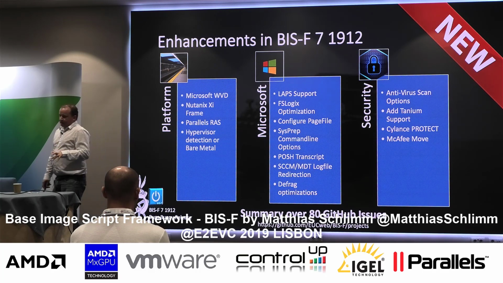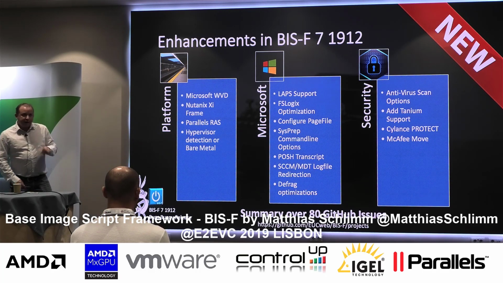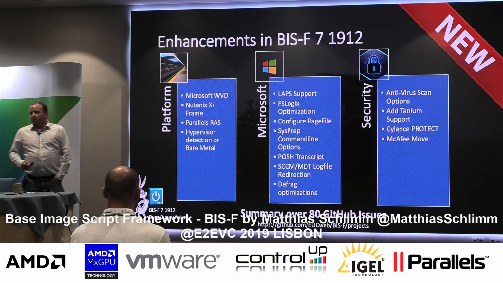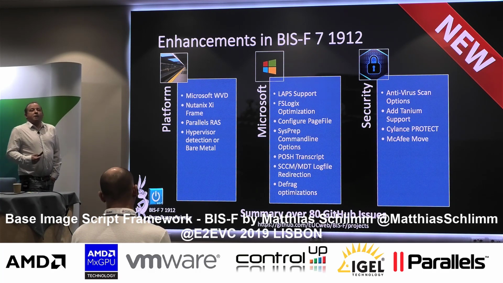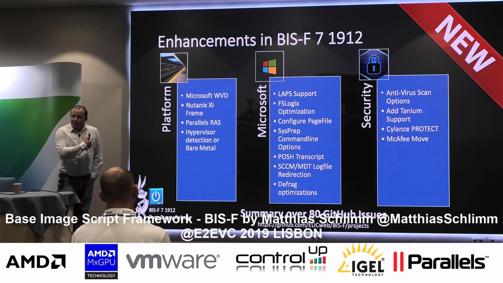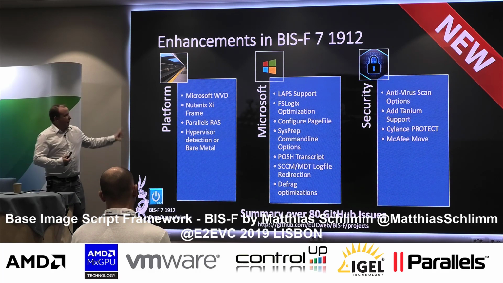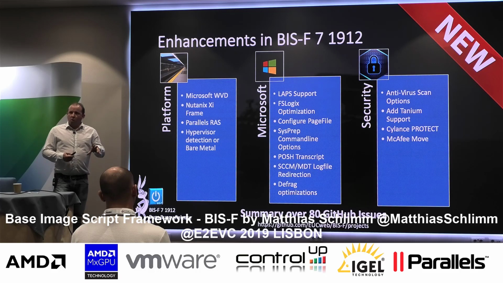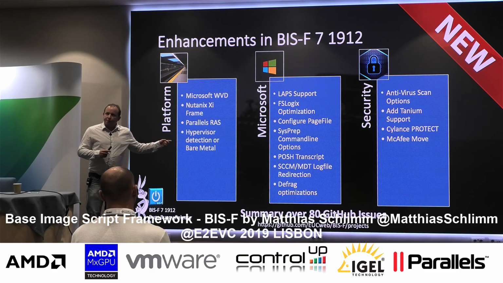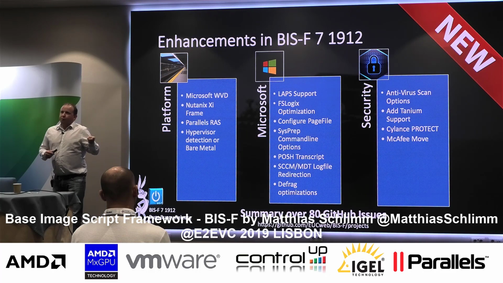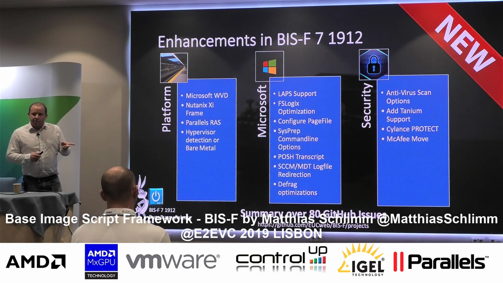What does it mean for BIS-F? BIS-F at the end can also run like a Sysprep, for example, for non-managed devices. But Sysprep is not possible to run on managed devices like image management software such as Scale-Frame, WVD, Virtual Apps and Desktops, and so on. So you can also configure Sysprep inside of the ADMX, but if you have configured it, that's not possible.